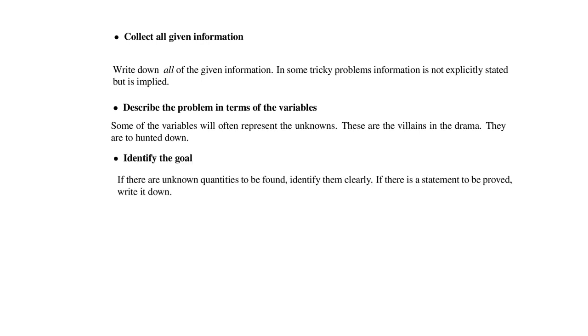Be absolutely clear to identify exactly what the goal is. If you're trying to optimize something, be absolutely clear about what it is. So determine the goal first, and then use the given information to move towards the goal.